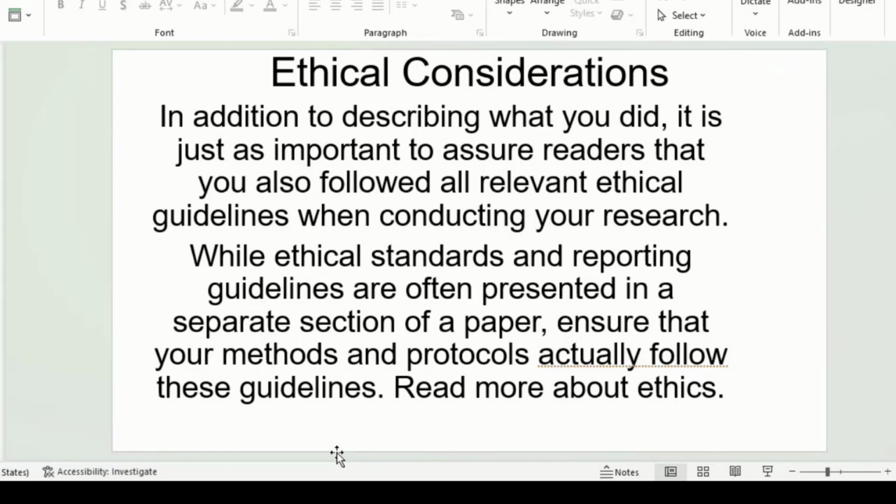Now, have you ever heard of the POPI Act? What does it mean? Why is it there? Why do we have it? I know that people talk about the POPI Act when you have to ask a person's permission to do something, for example, to take a photo.